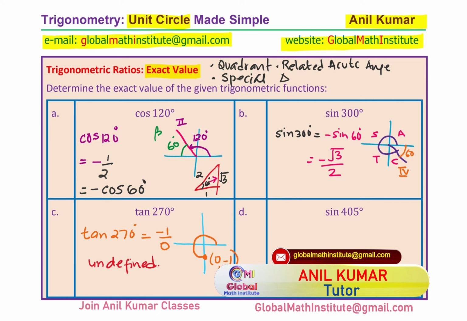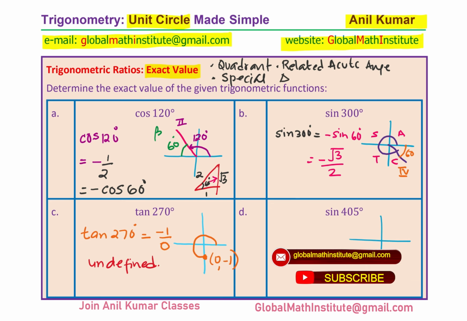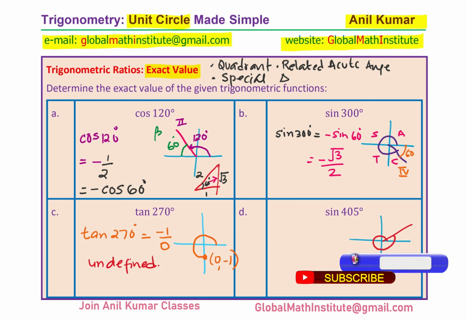Now let's look into the next example, sine 405. You could think about going one full circle and a bit more. So 360 plus how much gives you 405? Well, it is 360 plus 45, correct?